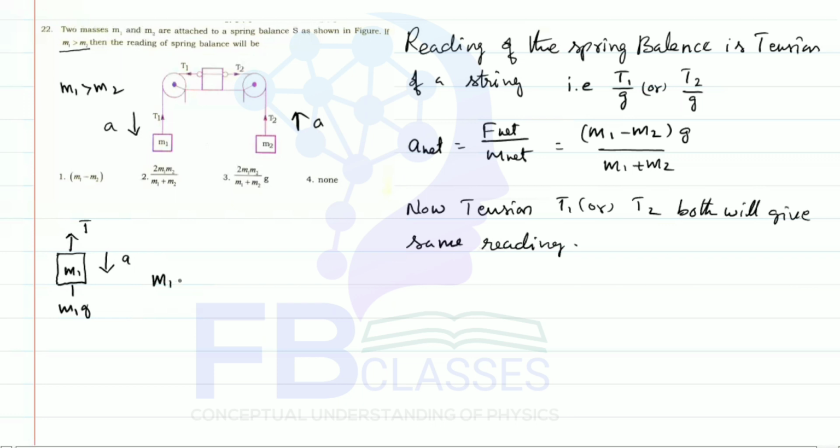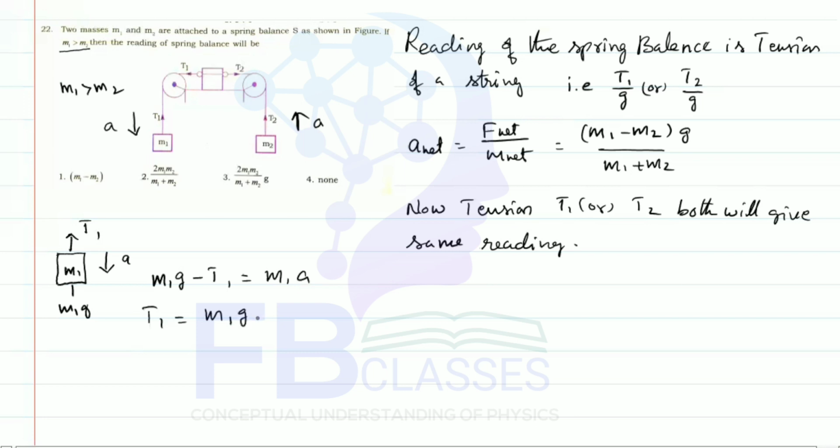So now m1g minus T is equal to m1a. Understand? So substitute the value. T1 is equal to m1g minus m1a.